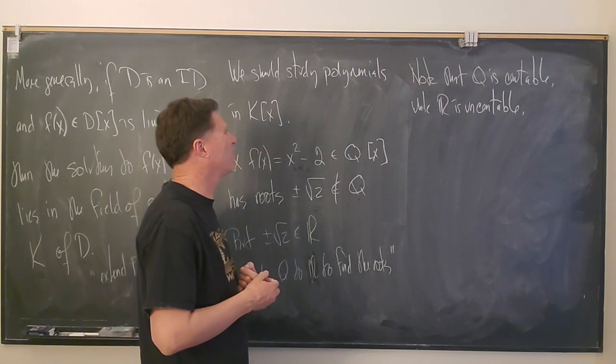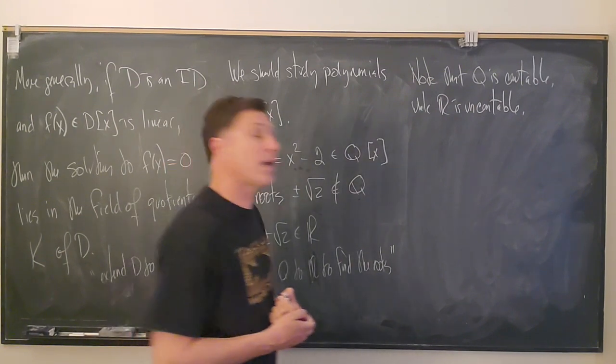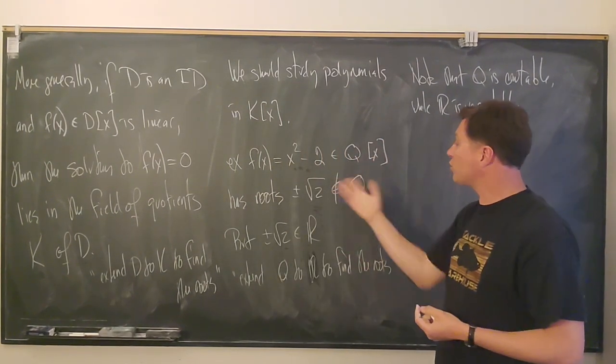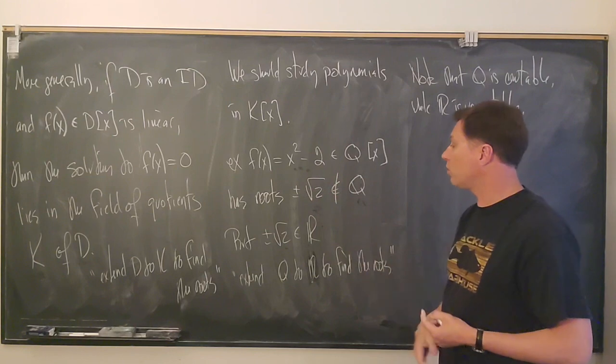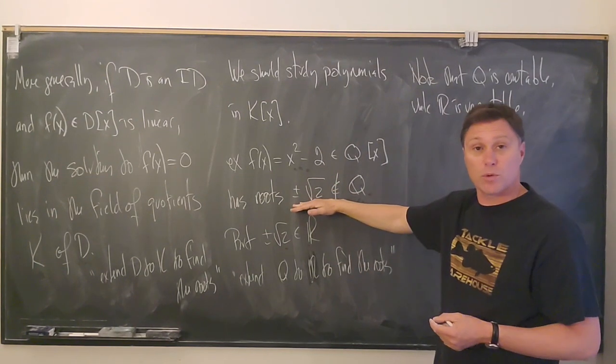It seems like it's too big. And so then you might ask the question, well, can you extend Q just a little bit, not all the way to R, to some field that contains Q and contains these roots right here?